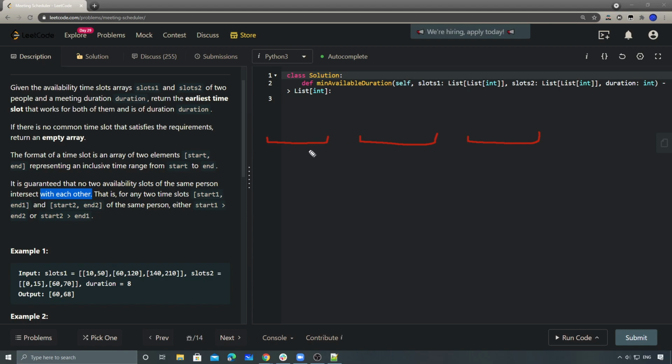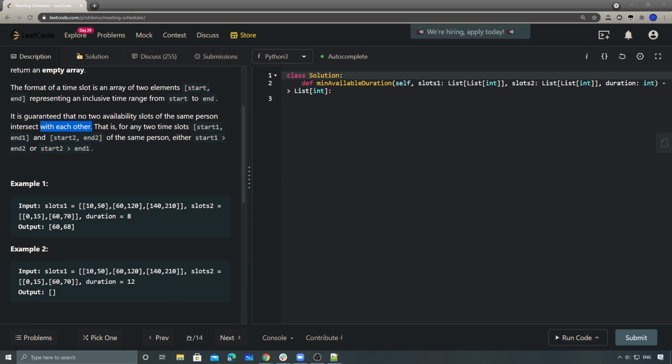So for the same person, there are no intervals that will be something like this. The intervals are occupying unique time ranges. That's what it's saying here. But of course, slots 1 and slots 2 will definitely have some intersections, otherwise there won't be any answer in this case.